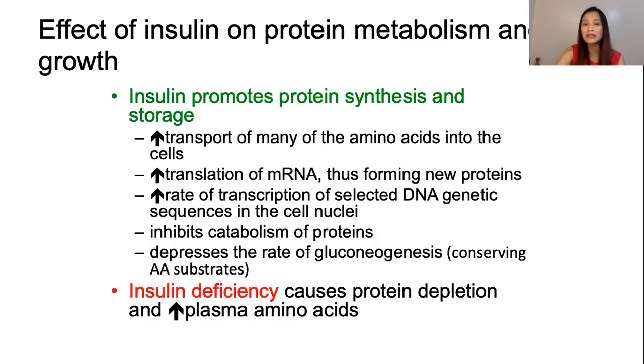Remember in biochemistry, we use amino acids as gluconeogenic precursors. So in order to prevent breakdown of protein into amino acids, your insulin depresses the rate of gluconeogenesis.